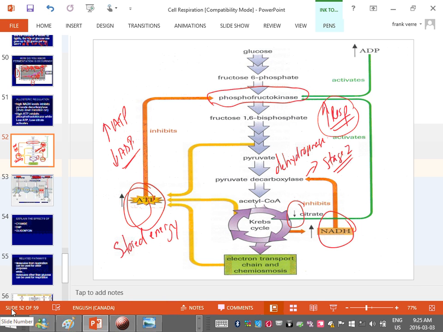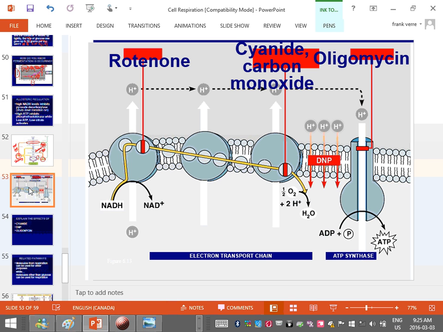So I want you to understand how this works, okay? Here are some things that can affect respiration. This is not regulation. Regulation are things that the cell does on purpose, okay? These are things that the cell would encounter that's not good for the cell, okay? So for example, cyanide or carbon monoxide poisoning.